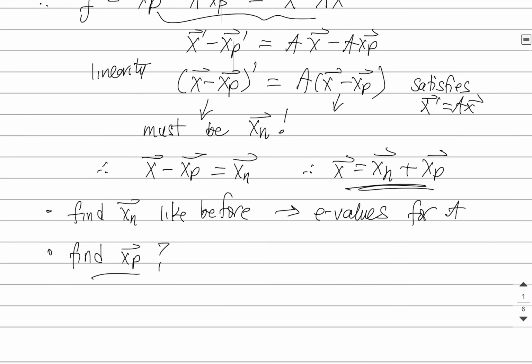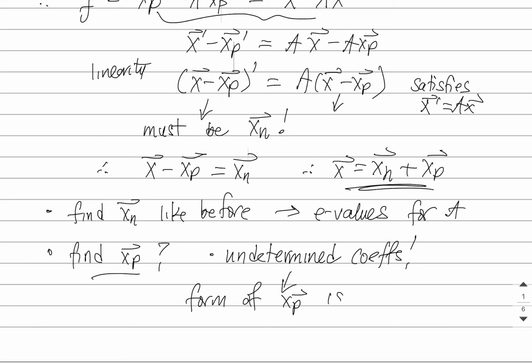There turn out to be a lot of different ways we can attack this problem, and we'll start with the most straightforward one to think about, undetermined coefficients. That means that the form of this particular solution is going to be proportional to the driving force.